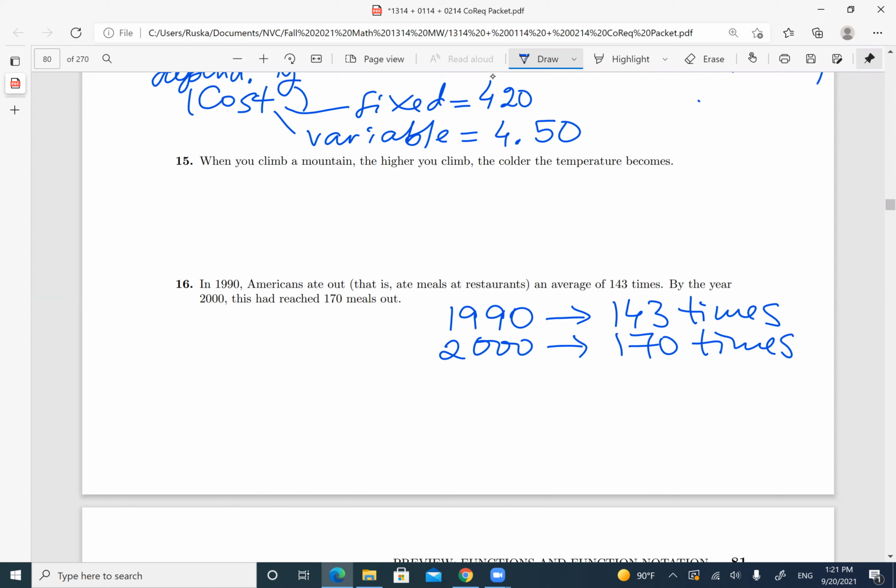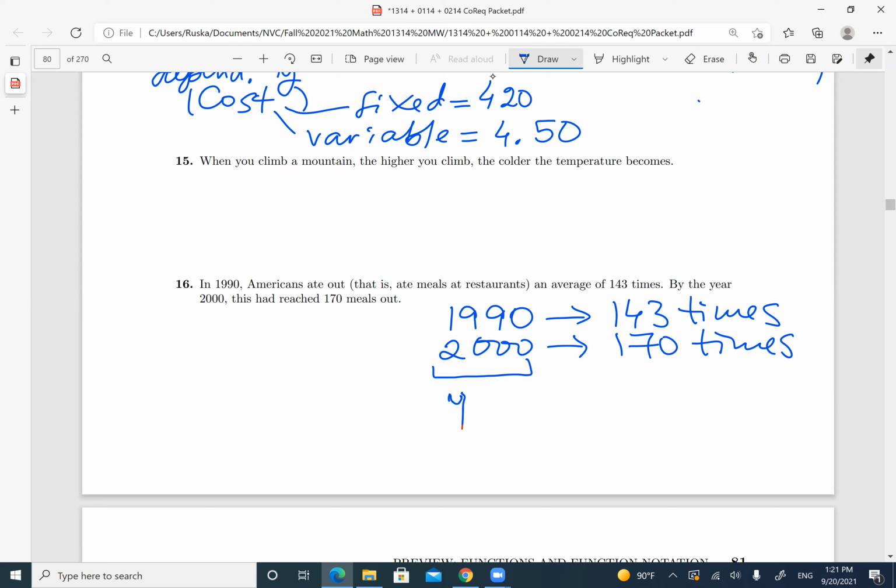What is this here in front? Is 143 independent? 143 is actually dependent, because how many times they're eating depends on which year you are.